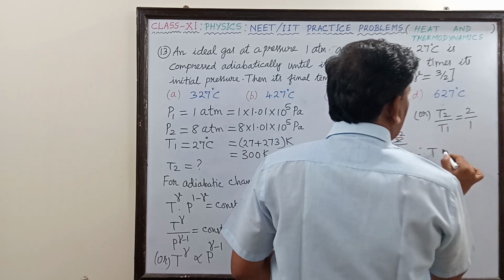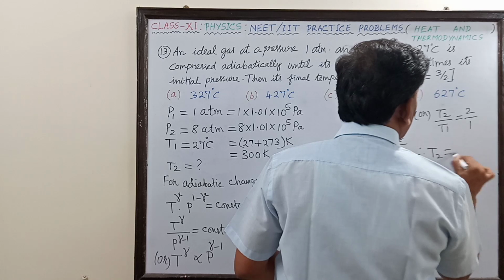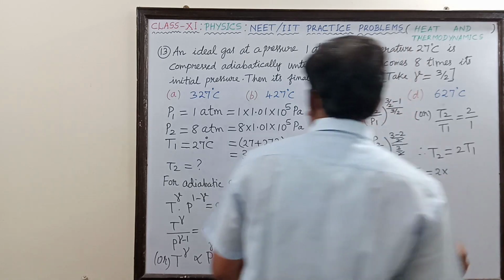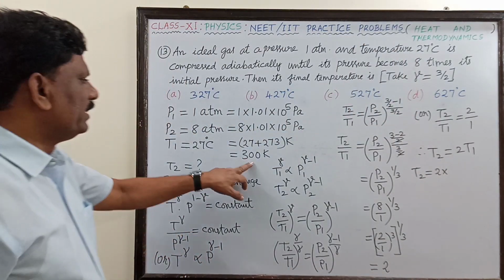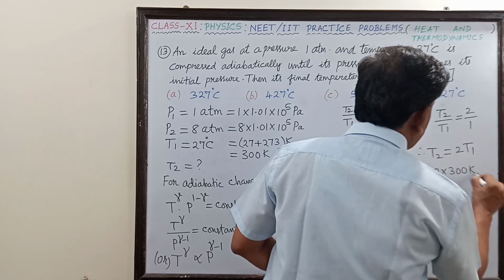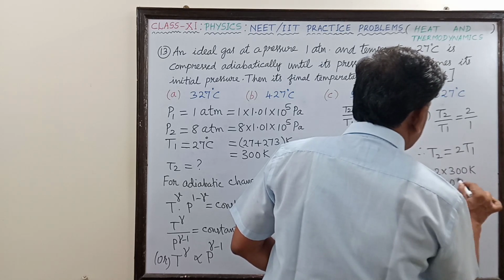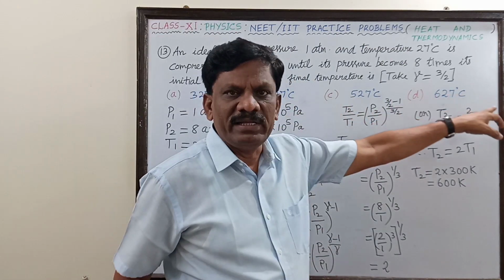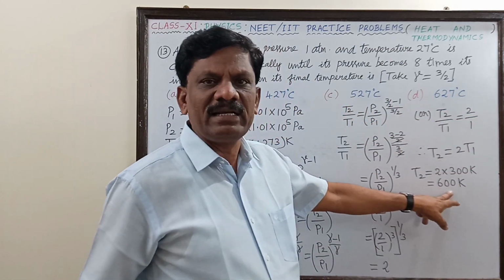Therefore T2 is equal to twice T1, so T2 is equal to 2 into T1. T1 is 300 Kelvin, so this is 600 Kelvin. But the answer is given in degree Celsius, not in Kelvin, so the answer is not 600 K only.